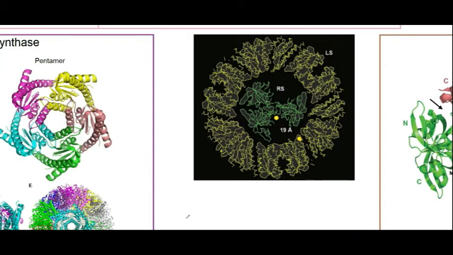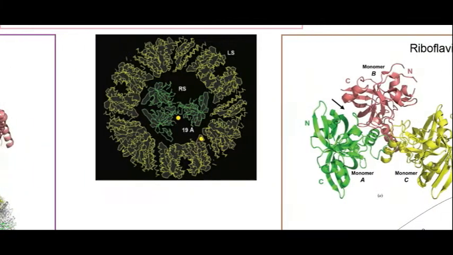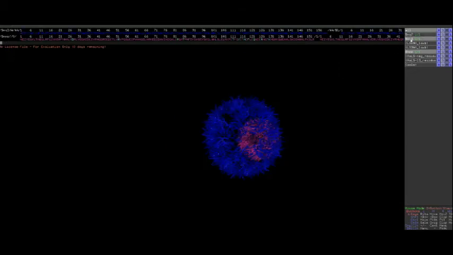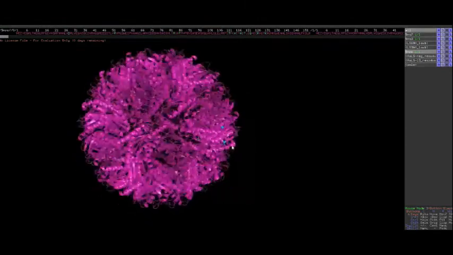But let's move on to the next step, which is the riboflavin synthase, which, as I said, actually sits inside of this dodecahedron structure, if I get rid of these structures.